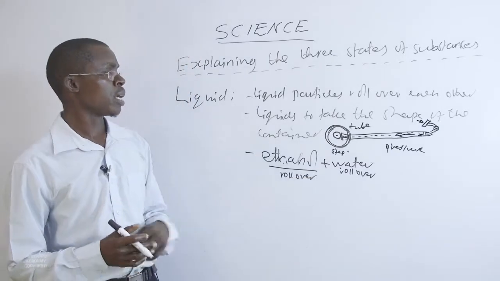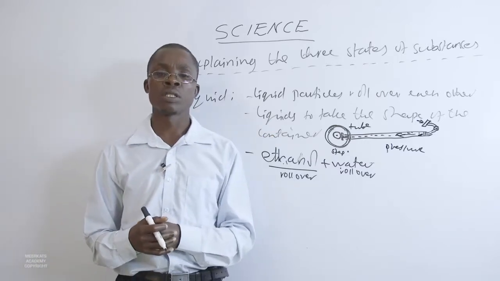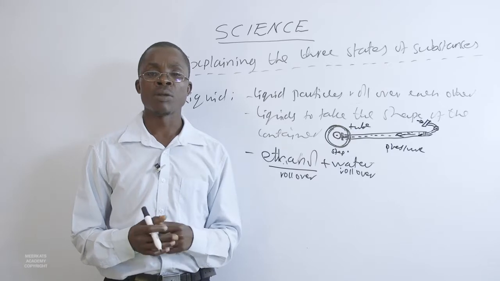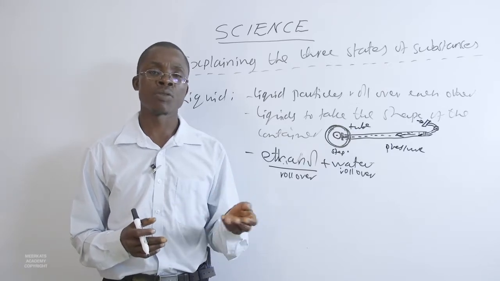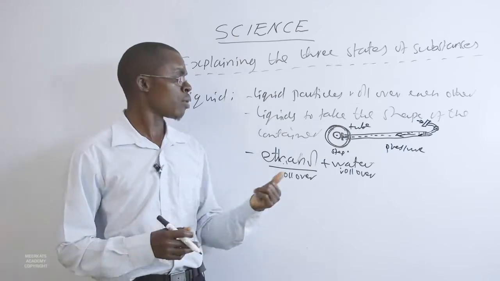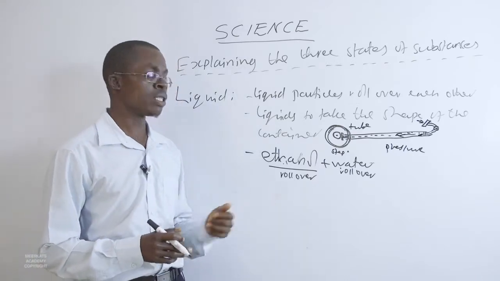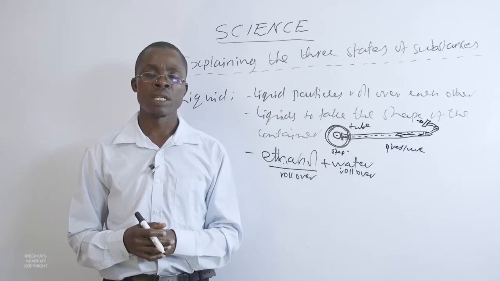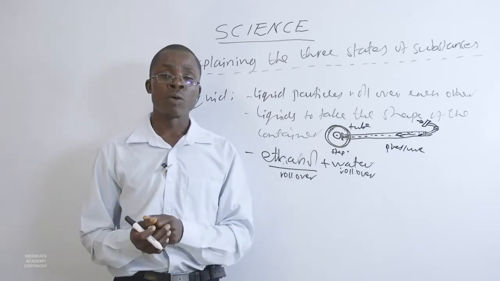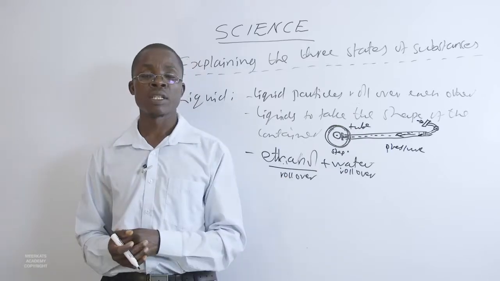Now, just like what we saw in solids, I talked of how you can change a solid, and we said that for solids, maybe you do it physically, destroy it, crush it. But how about for liquids? How can you change a liquid? For a liquid, you only apply the issue of rollover. One, change the container.